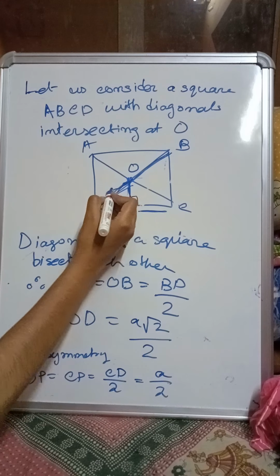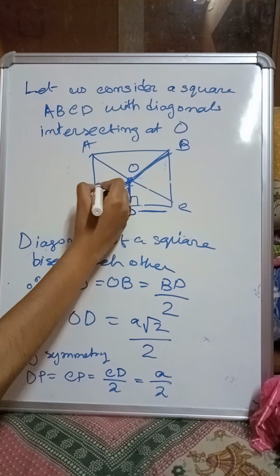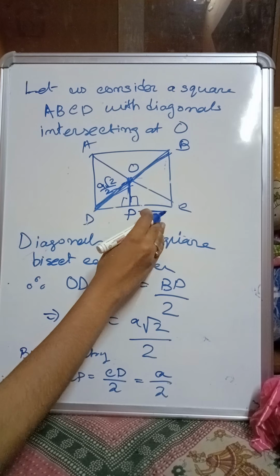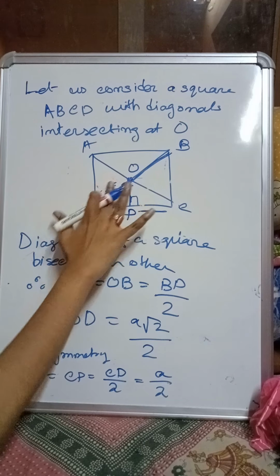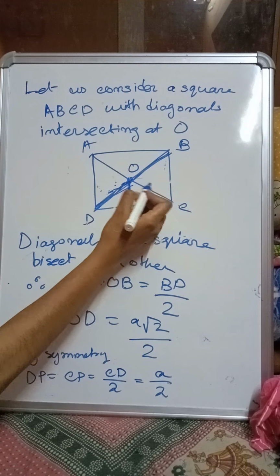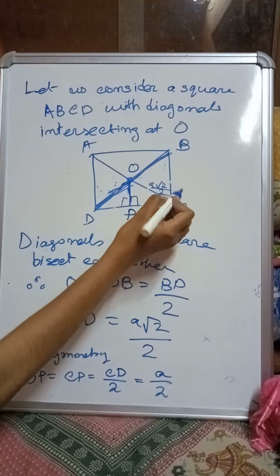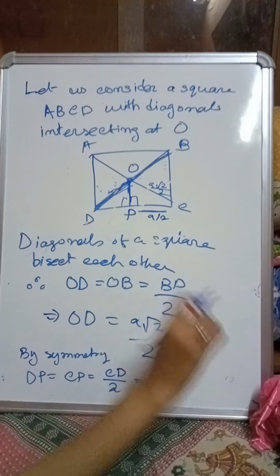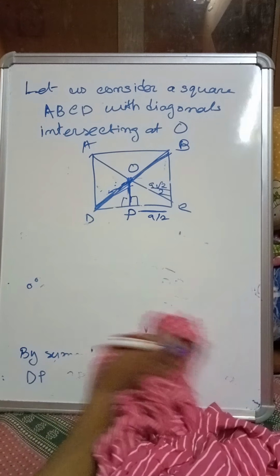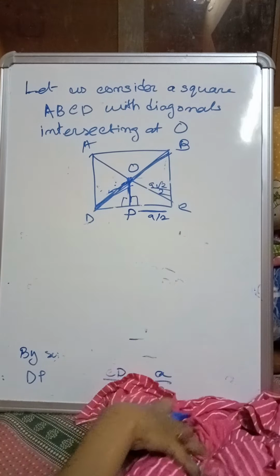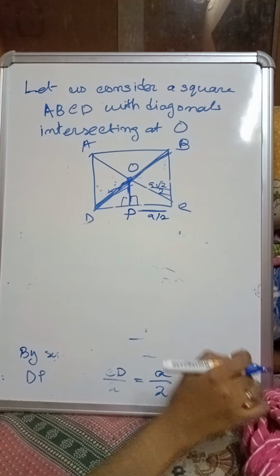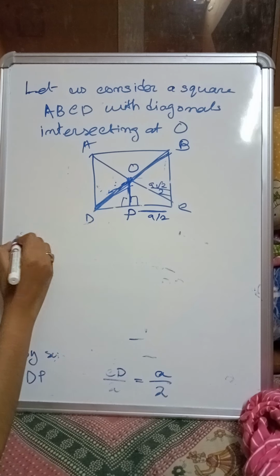So we have got OD. OD is a root 2 by 2, and OC is also a root 2 by 2, okay. So a root 2 by 2 and CP is a by 2. Now just look at the triangle OPD or OPC, anything you can consider.